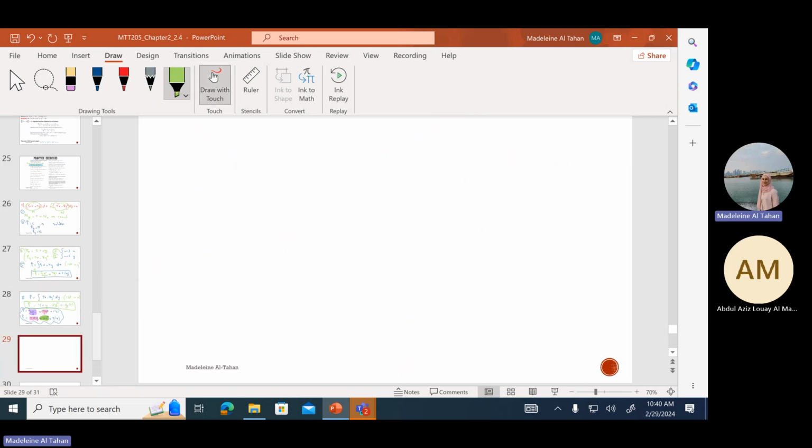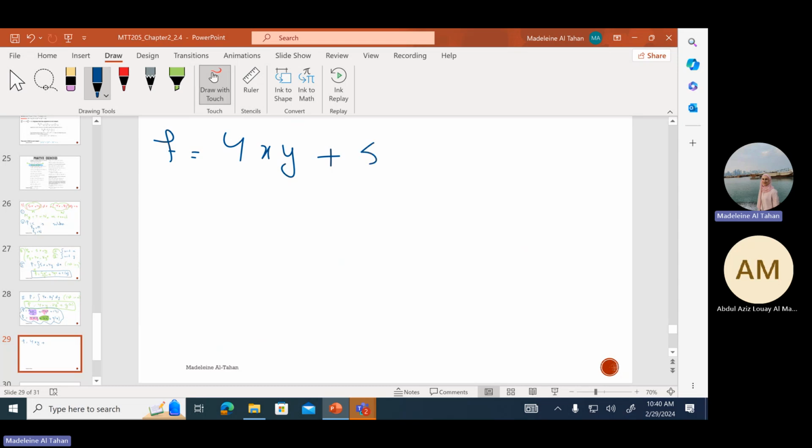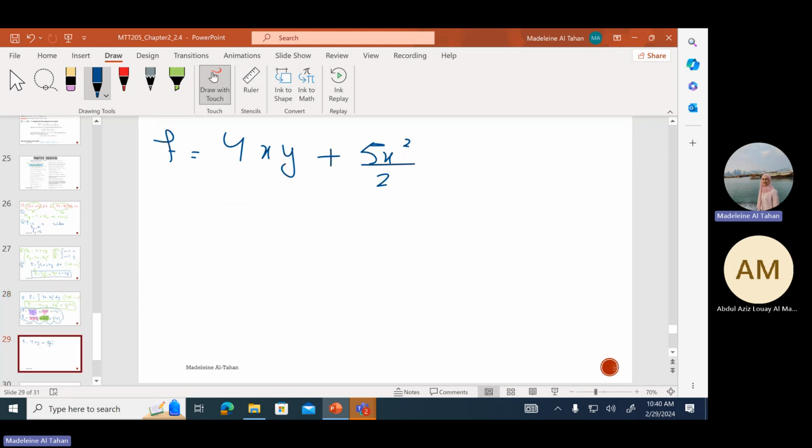F is equal to 4xy plus, from the first, what do we have? 5x squared over 2. From the second, what do we have? Minus 2y to the fourth, and this one is equal to what?